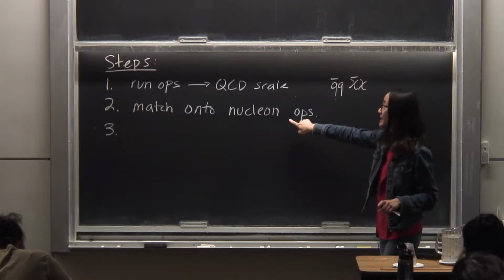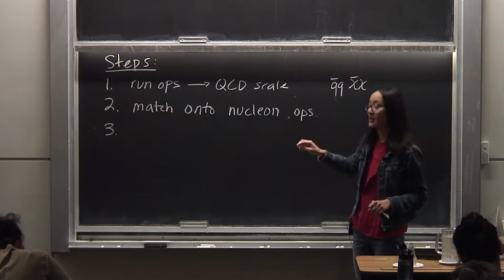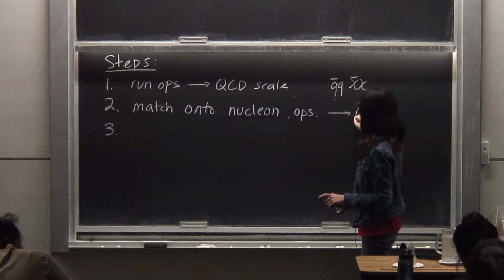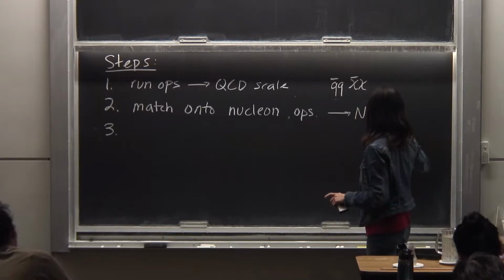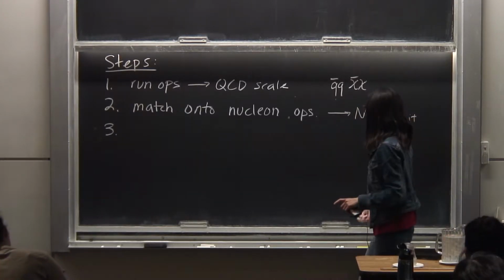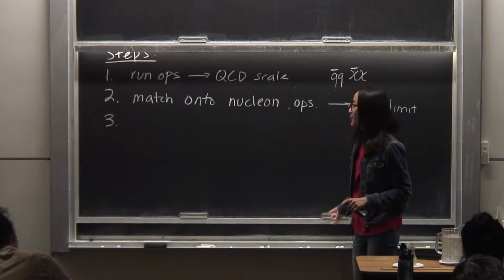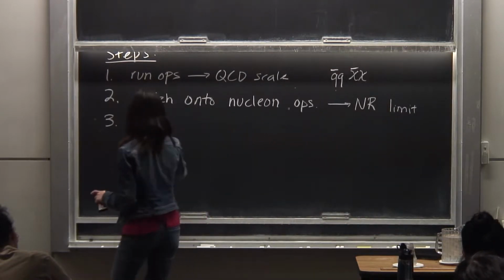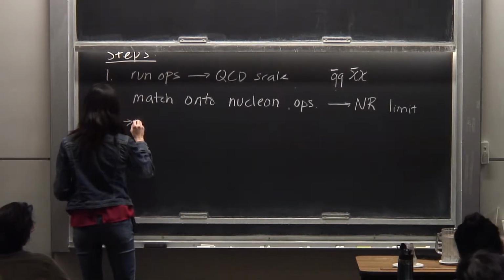These nucleons inside the nucleus are non-relativistic. So here I'm going to take a non-relativistic limit. And at this point, then I can match onto the nucleus level.